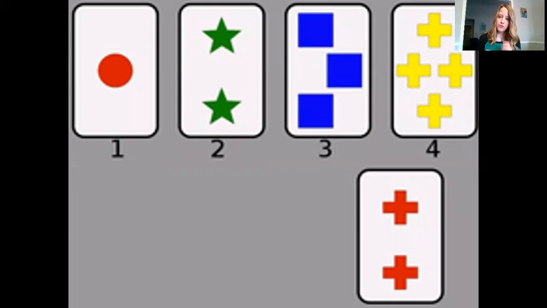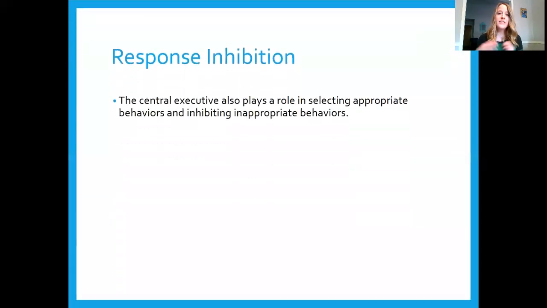For most individuals, this is pretty easy to accomplish. But those who have difficulties with functioning of their central executive, potentially damage or lesions to the prefrontal cortex, may have difficulty completing this Wisconsin card sort task.